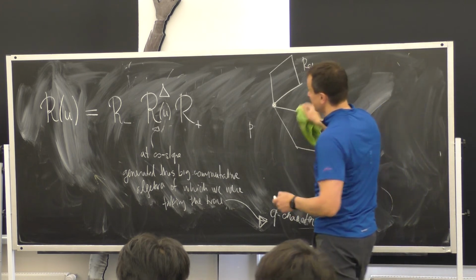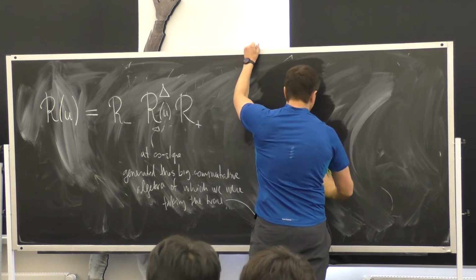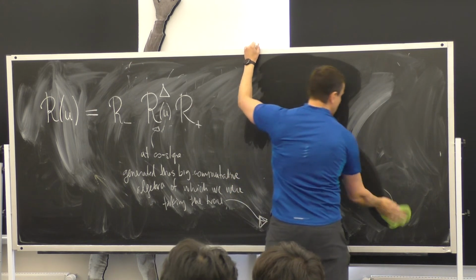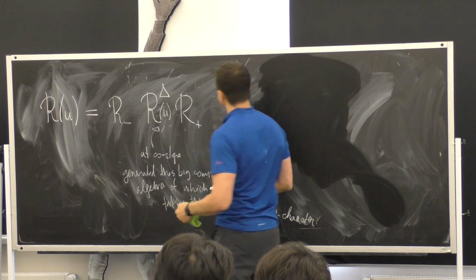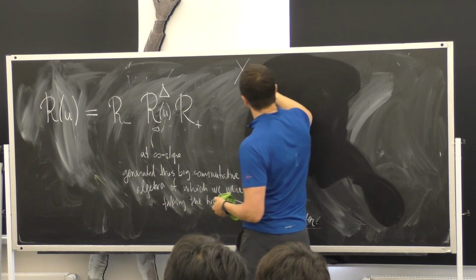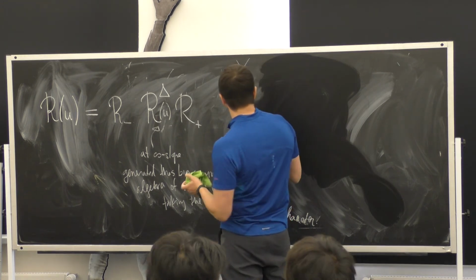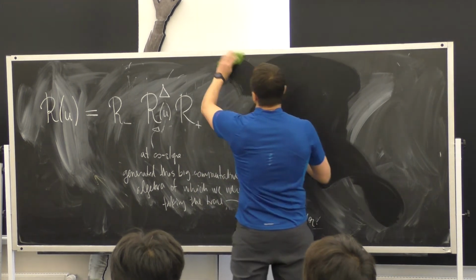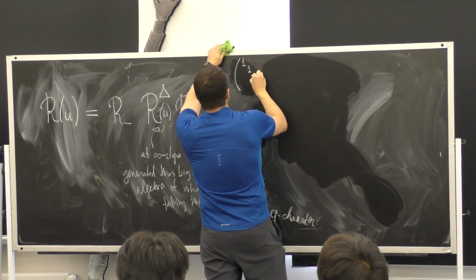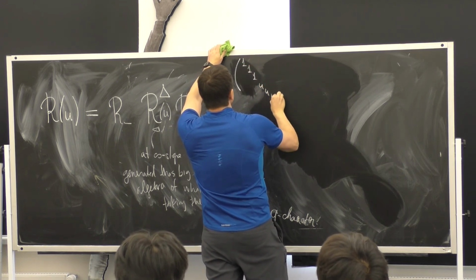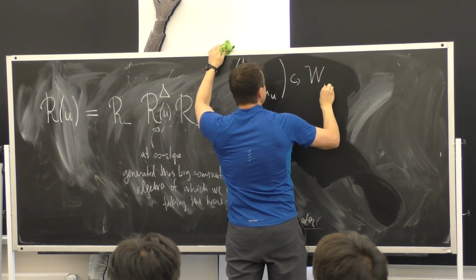We now have X, and X has a torus. U acts by some matrices of the form 1, 1, 1, U, U, U. This acts on all the framing spaces.